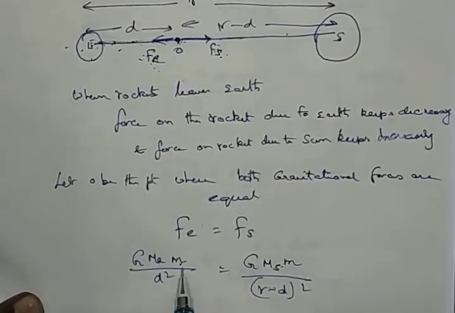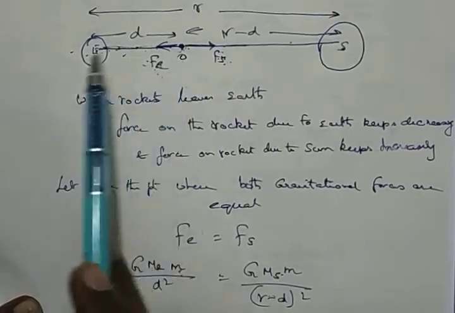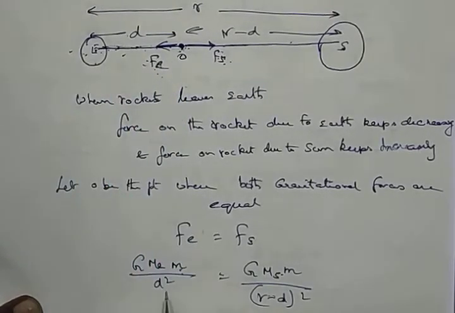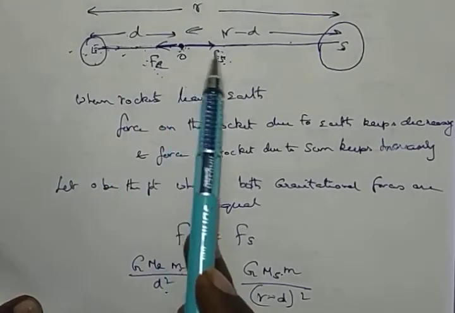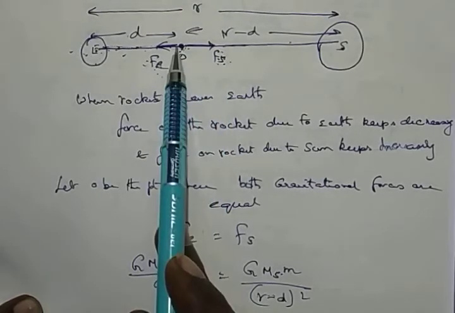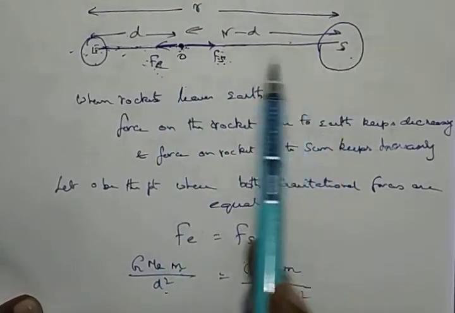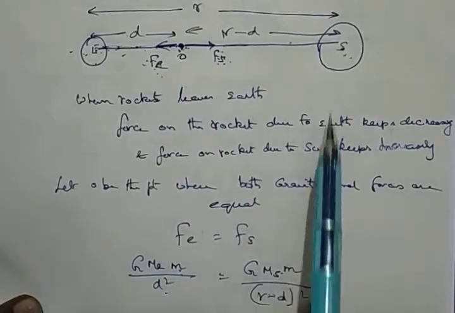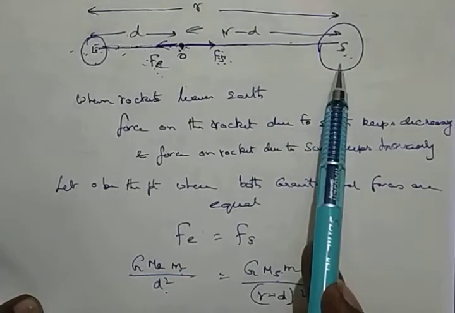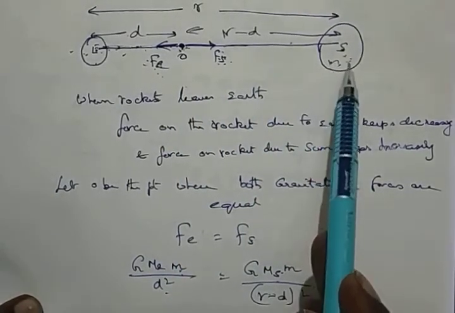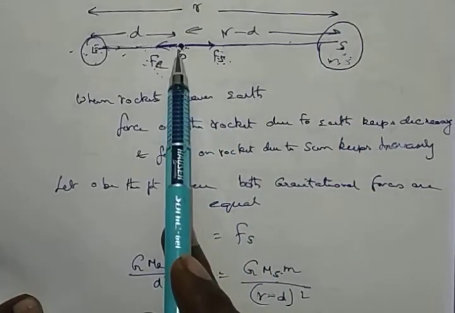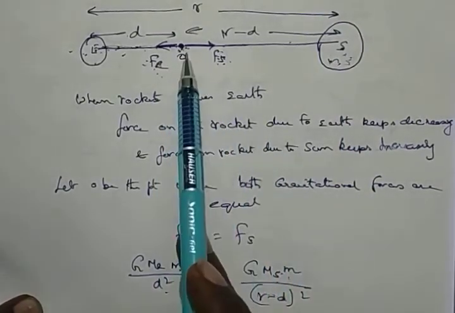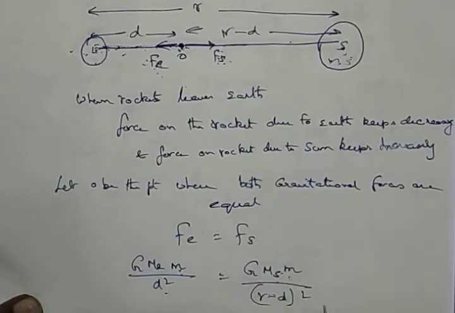The distance between the rocket and the Earth is d, so d square. Now the same for the force of the mass of the rocket towards the Sun. So these two bodies have to be taken: mass of the Sun, M_s, and the mass of the rocket, m, and the distance between them is r minus d.